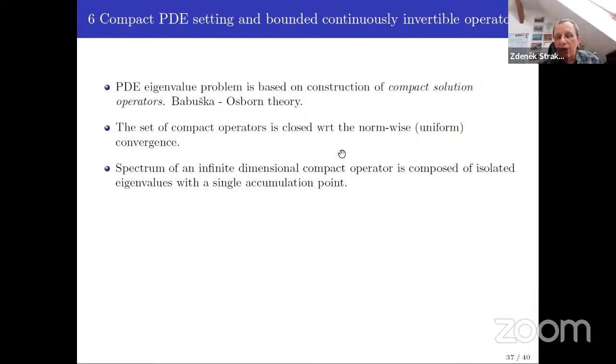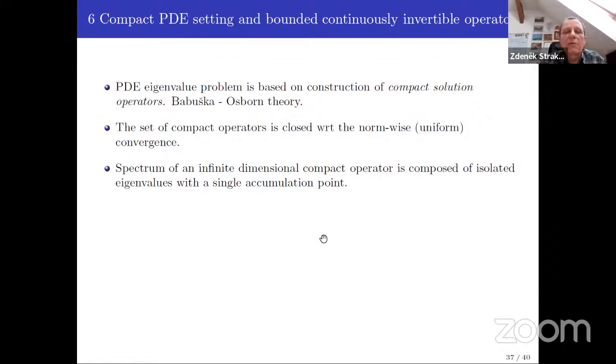We must have some space that is larger than the original space in order to formulate the problem and get this compactness. But at the end, what we do approximate are the eigenvalues of this compact solution operator, and the compact operator has only one possible point of accumulation. Okay, so the eigenvalues are distinct.